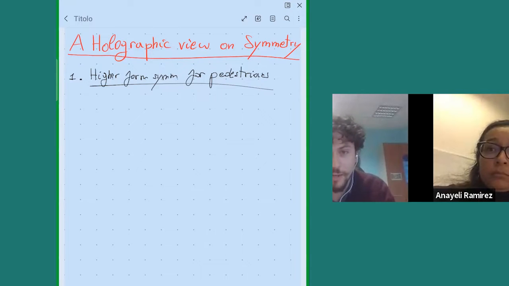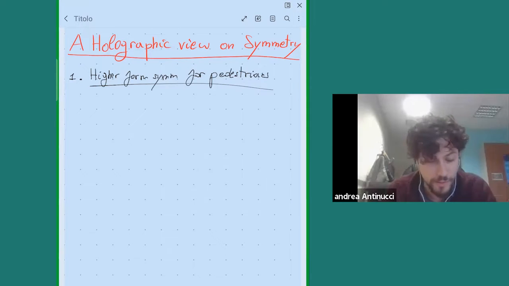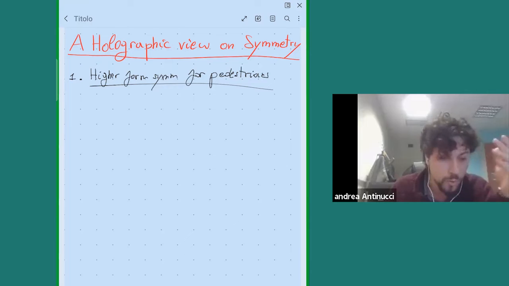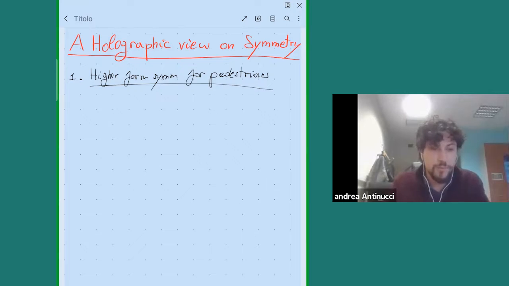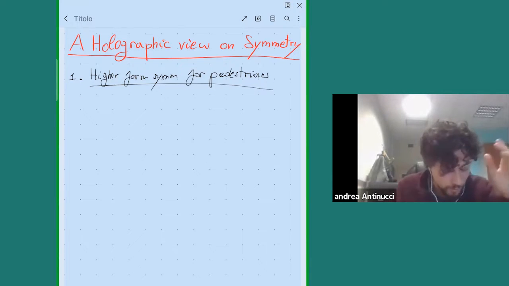This morning I attended a talk here in CISA from a statistical mechanics person who was talking about application of non-invertible symmetry to statistical mechanics. So this is a field which is pervading many other areas, and there are many people interested in this business.